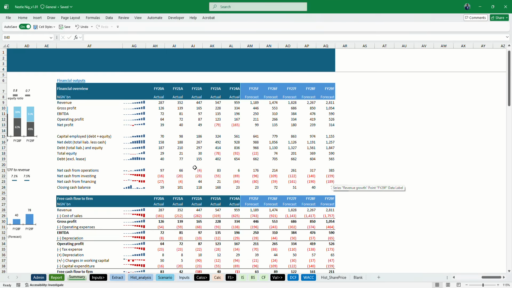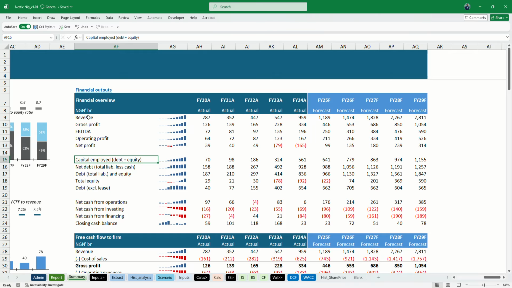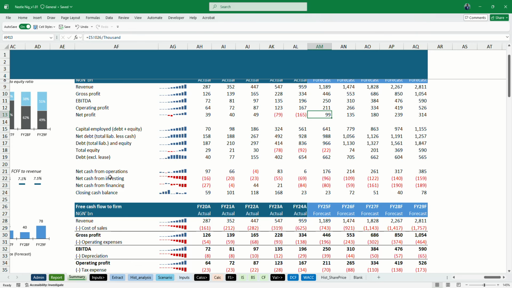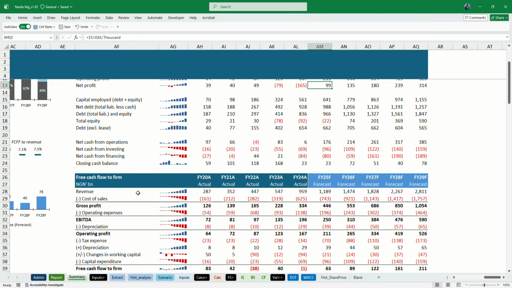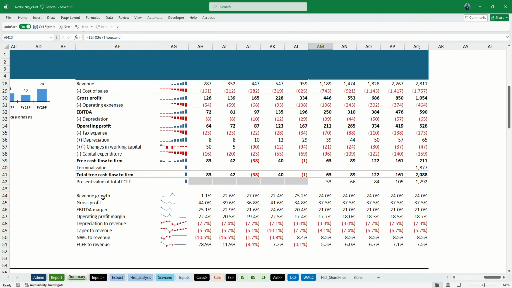So here we have a table for our forecast financials, right? Key income statement, balance sheet, and cash flow. So you can see everything all at once: revenue, gross profit, EBITDA, capital employed, net debt, total equity, debt excluding lease, then cash from operations, and you can see the free cash flow to the firm breakdown, and also the metrics for the forecast period.